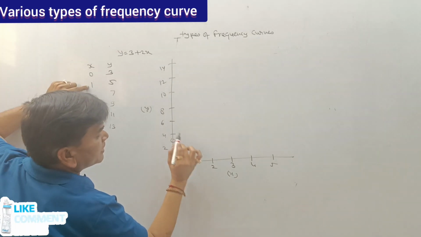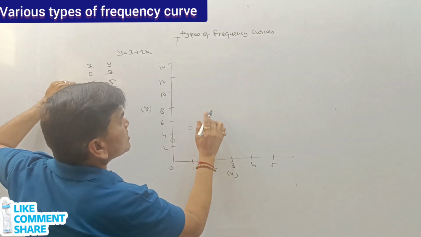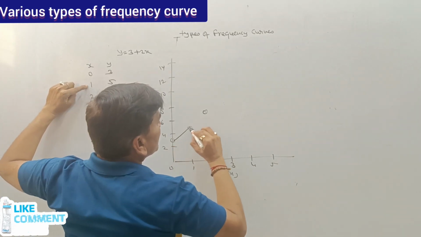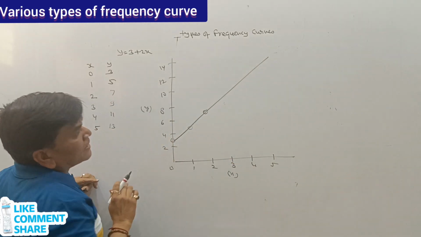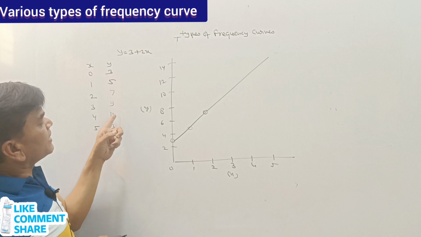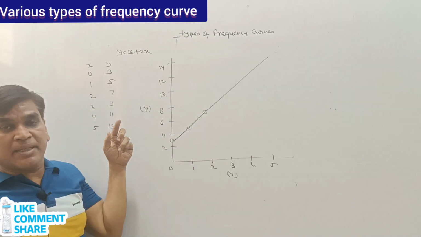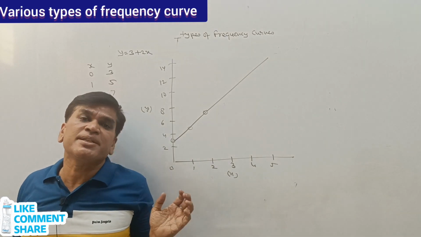Then at 1, that is 5. Then at 2, 7. So it will look like this, a straight line, because 3, 5, 7, 9, 11, 13. This is called an equation.